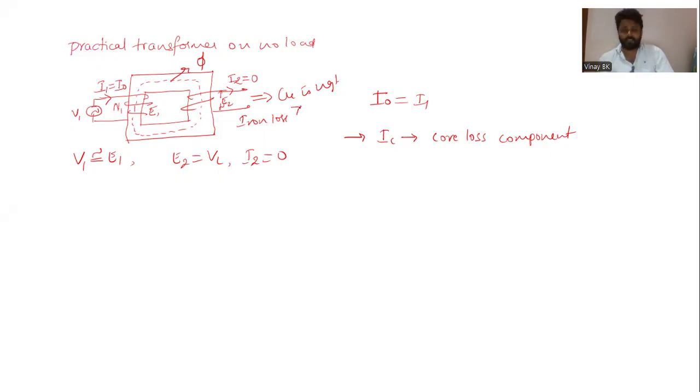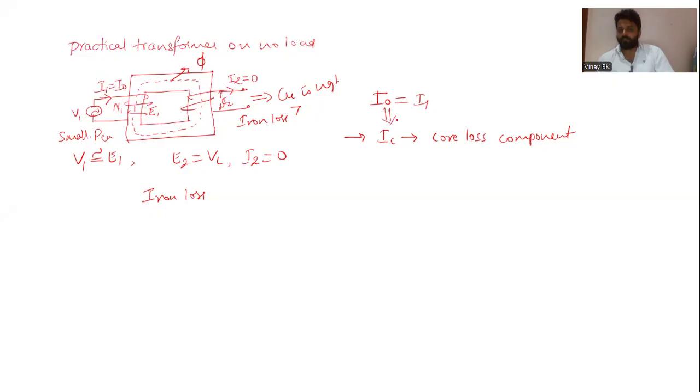And in the same case for the primary side also, a small amount of primary copper loss will be produced, but iron loss will be always greater than copper loss in the primary side also. Hence, if there is no load, the transformer will be producing iron loss, there will be small amount of copper loss, but that will be negligible.